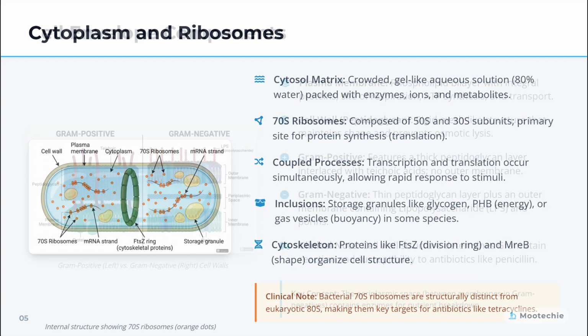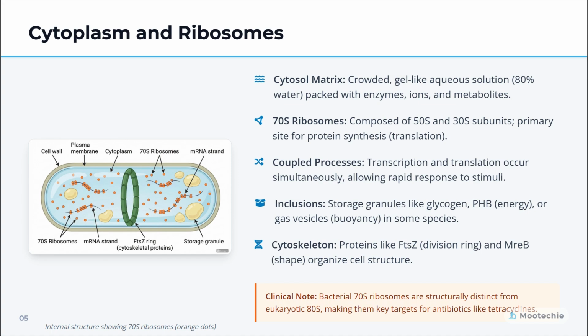Let's dive into the cytoplasm and ribosomes, the cell's internal machinery. Cytosol matrix. This is a crowded gel-like aqueous solution, about 80% water, packed with enzymes, ions, and metabolites. It's a busy, concentrated soup where most chemistry happens. 70S ribosomes.